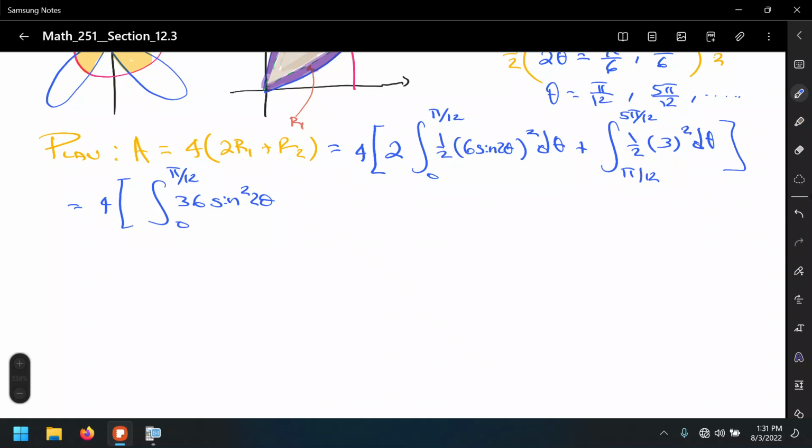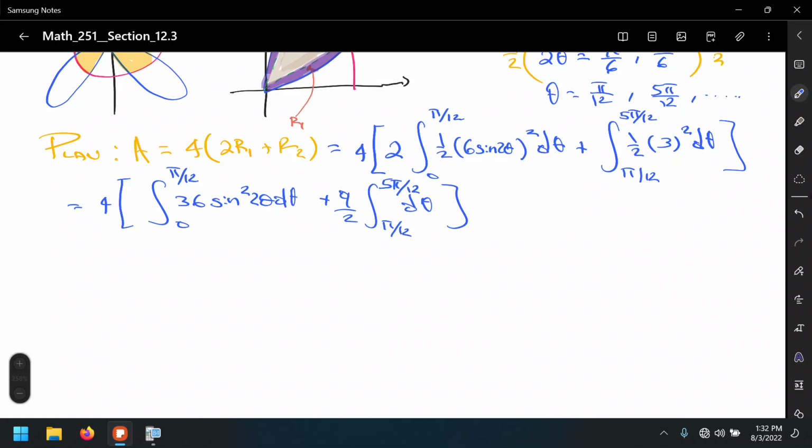And plus, this is going to be 3 squared, which is 9. 9 times 1/2 is just 9 halves, the integral from pi over 12 to 5 pi over 12 of simply d theta.